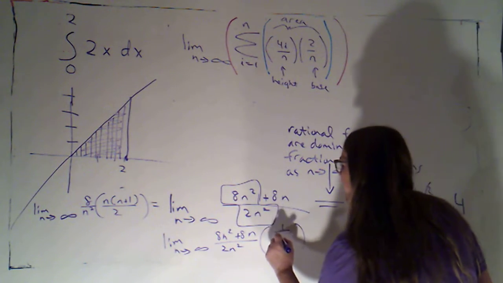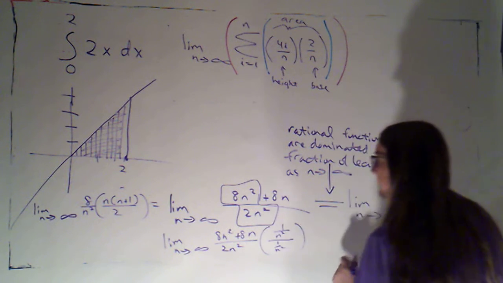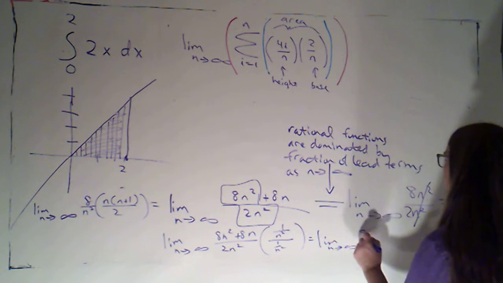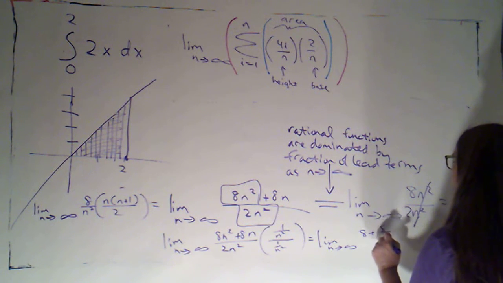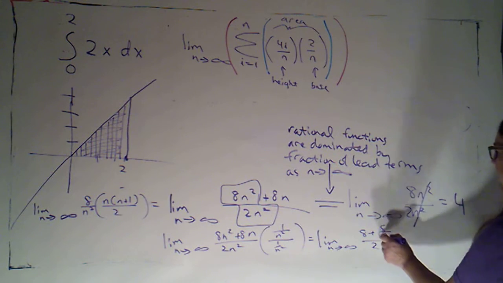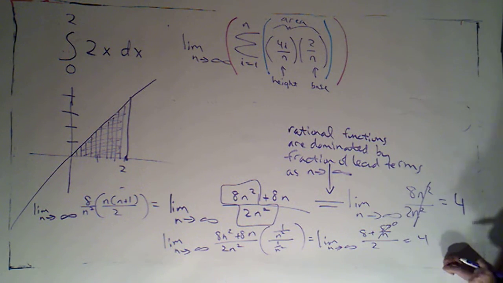I could multiply top and bottom by the reciprocal of n squared. That would give me the limit as n goes to infinity of 8 plus 8 over n all over 2. This piece would go to 0, and I would get 4. So that was how we formally justified this.